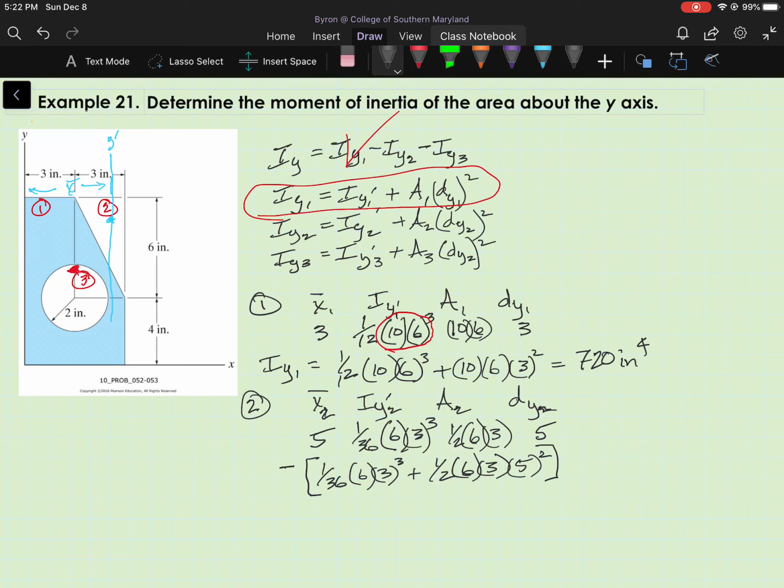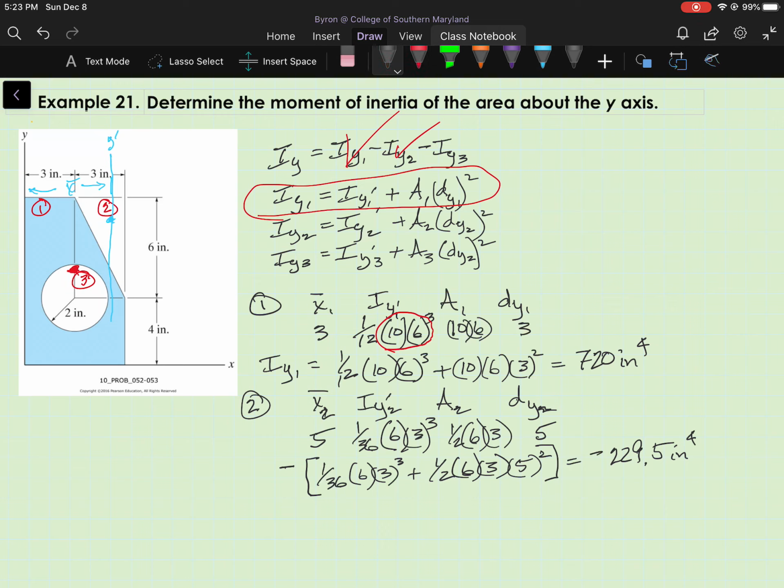And we do that math and we get minus 229.5 inches to the fourth. So we've got the second term in our overall equation.